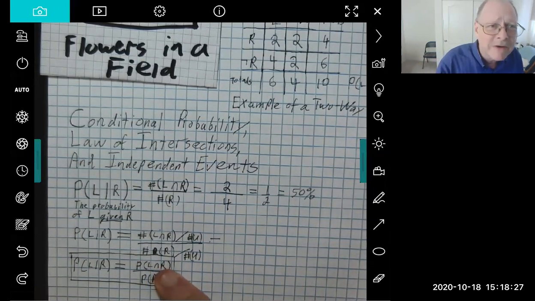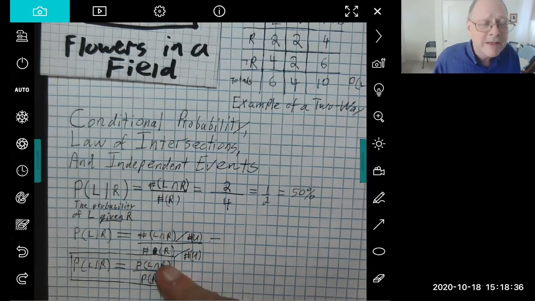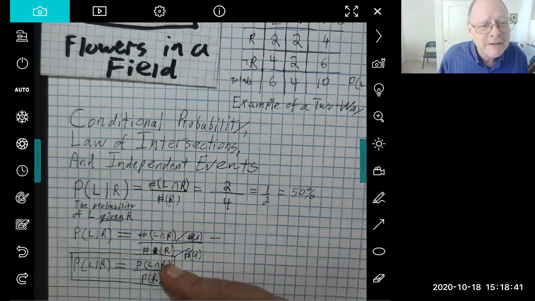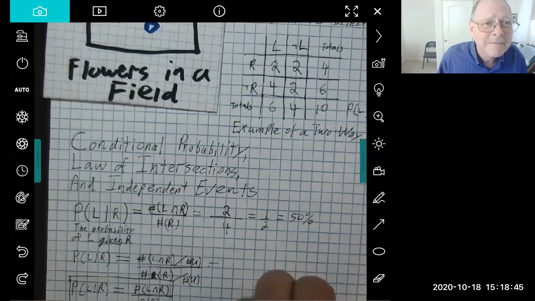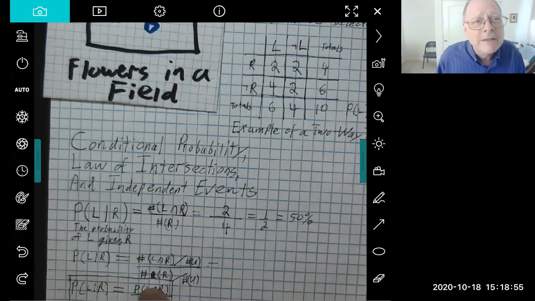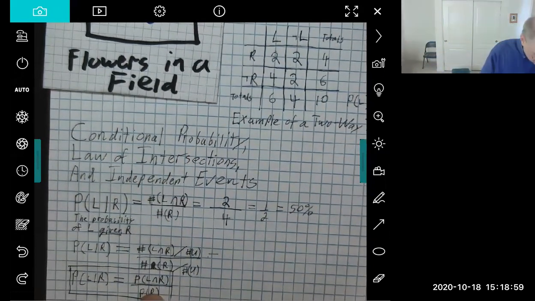What if you're throwing darts at a target and there's infinitely many places where the dart could hit on the target? But you could still say, well, the whole target is 2 square feet of area, and L intersect R is 1 square foot, so 50%. And you can't count the outcomes. You're not counting anything, but you can still make the equation with the probabilities.